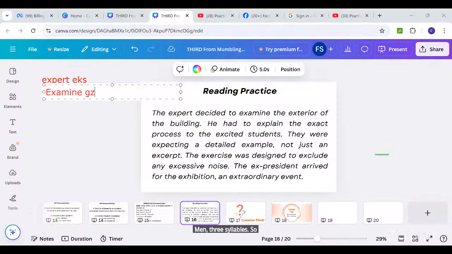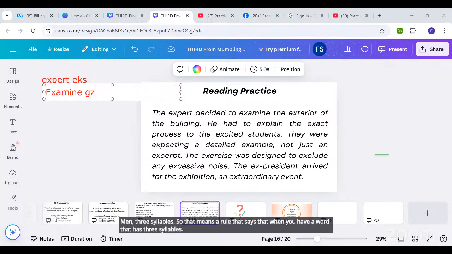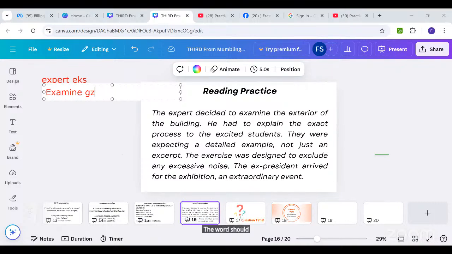Examine. 3 syllables. So there is a rule that says that when you have a word that has 3 syllables, the word should naturally be stressed on its second syllable for no particular reason.